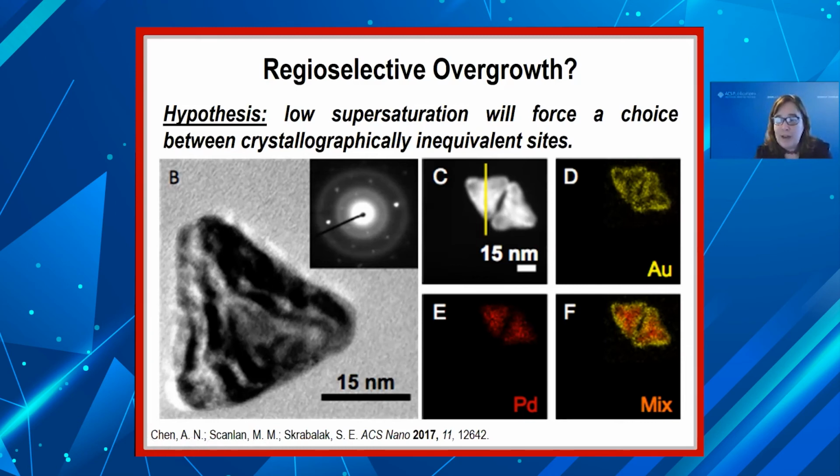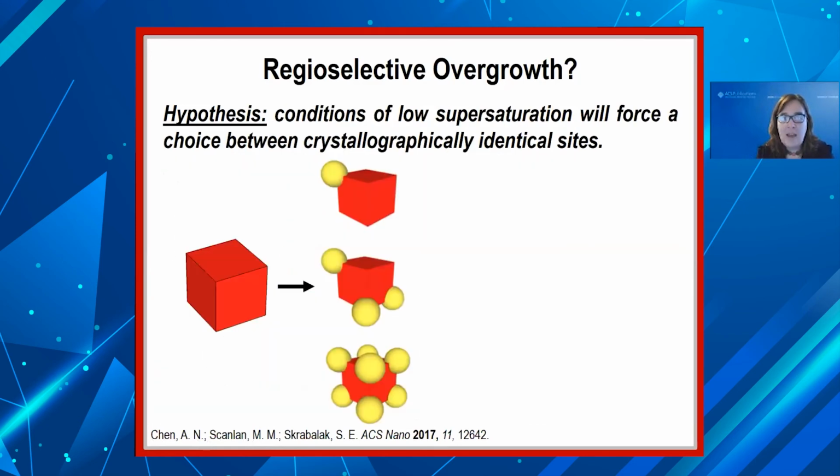So we were quite excited by this initial demonstration of regioselective overgrowth in seeded syntheses. And it led us to think about a potentially more challenging question, which is whether or not these conditions of low supersaturation could be used to force a choice between crystallographically identical sites. So for example, if we were to look at a nanocube, we have 8 different vertices, but they're all crystallographically equivalent.